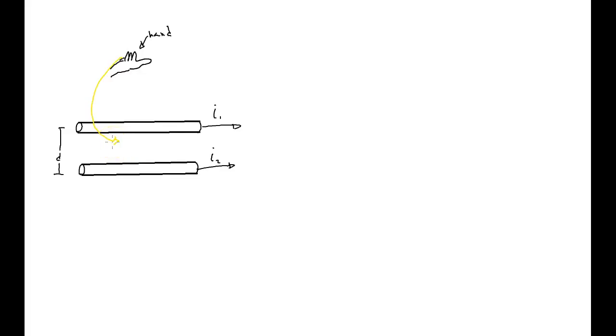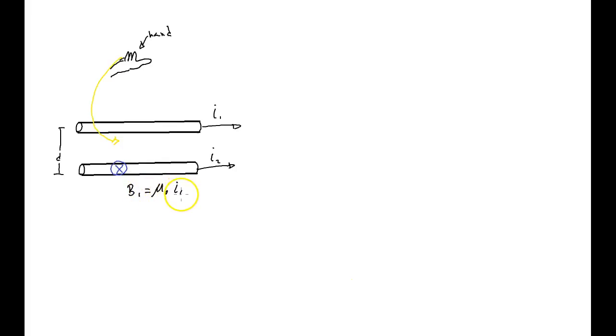So I can draw that here. That will be B1. In other words, it's the magnetic field due to wire number 1. Well, using this new magnetic field equation, mu sub 0 I1 over 2d. Isn't that the equation I've got?